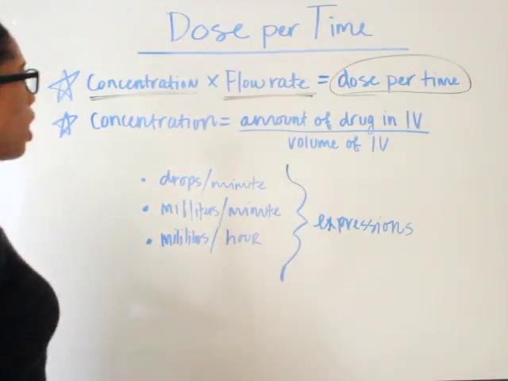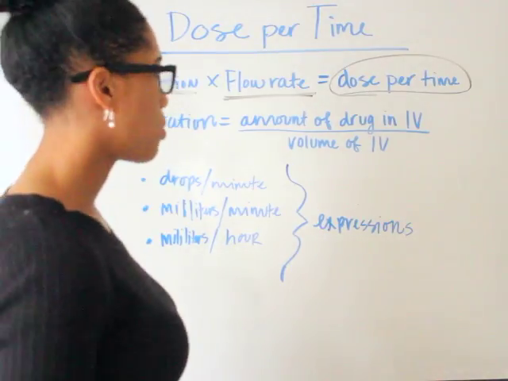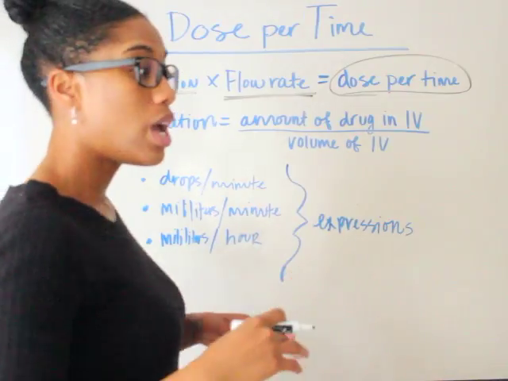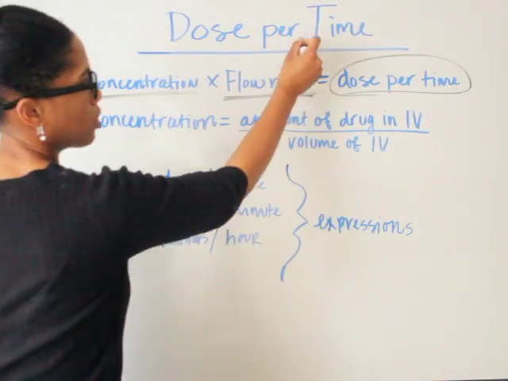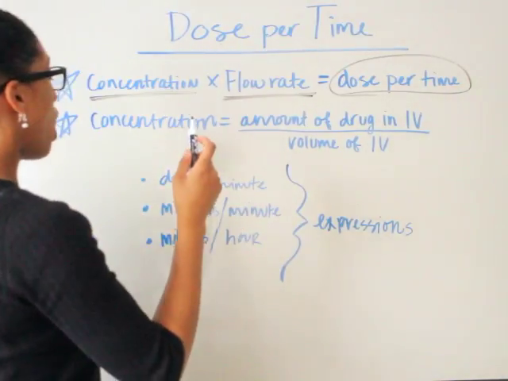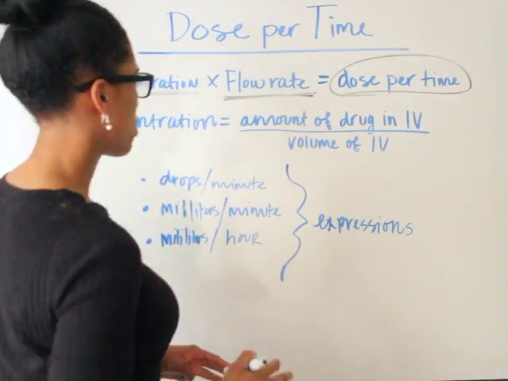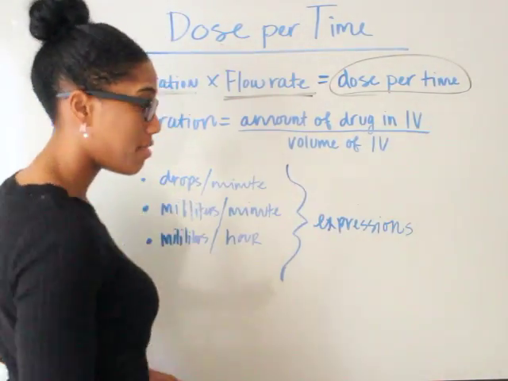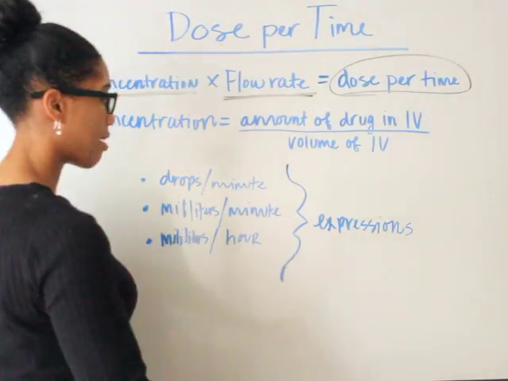Okay, so in the previous video, we talked about flow rate, in the video right before this one. I'm going to go back through it again just to briefly refresh, but I'm not going to go in depth on those topics, because we're talking about dose per time, okay? The concentration, though, we haven't talked about in a while. So the concentration equals the amount of drug that's in the IV divided by the total volume of the IV.